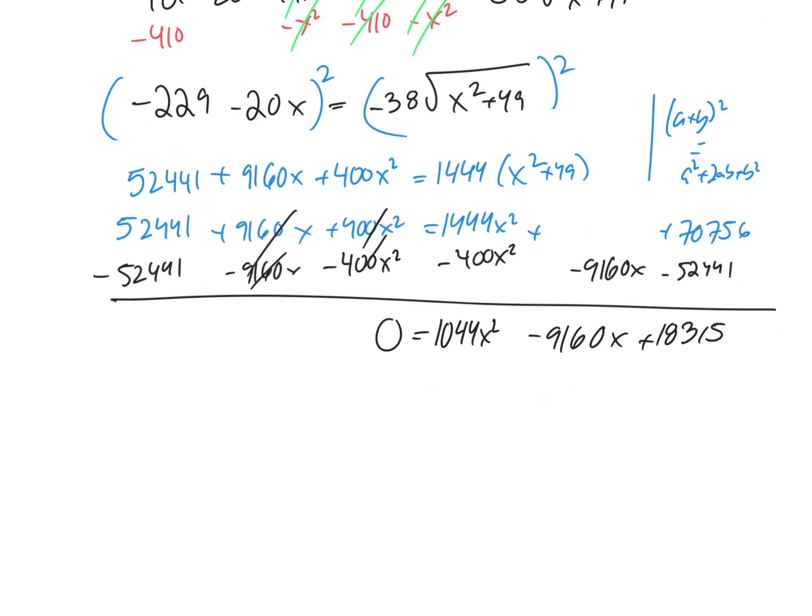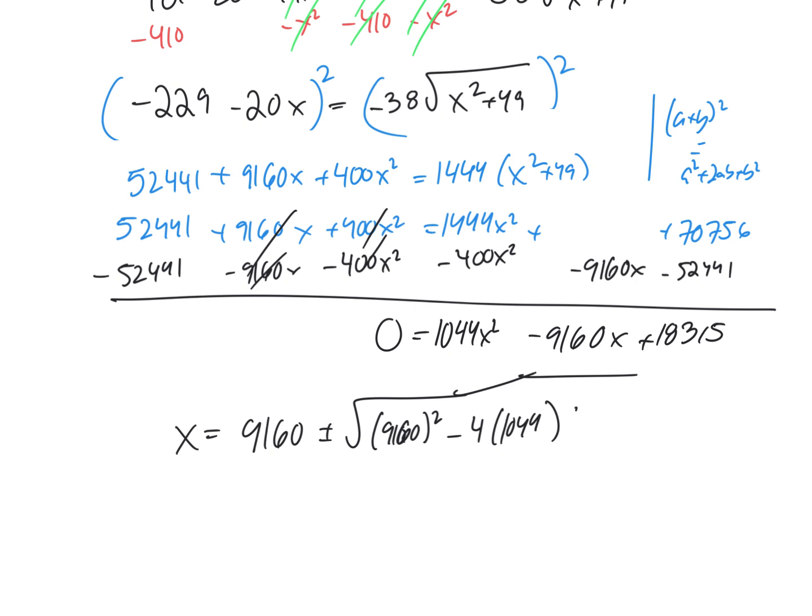So what do I get? For my quadratic formula, x equals negative b, so positive 9160, plus or minus the square root of b squared, 9160 squared, minus 4 times a, which is 1044, times c, which is 18,315, all over 2a, which is 2 times 1044.